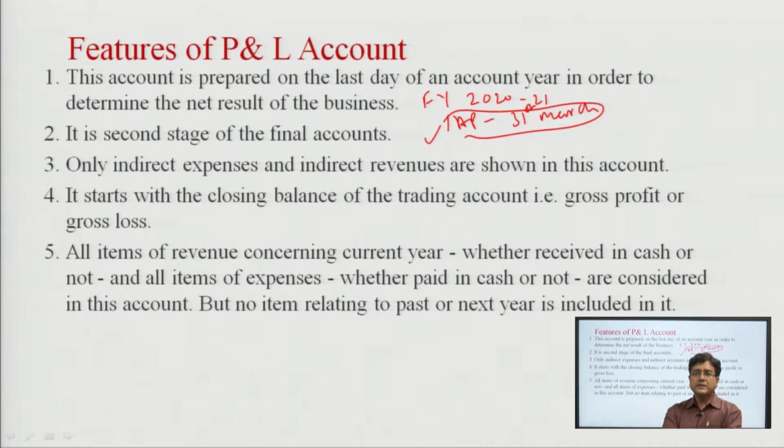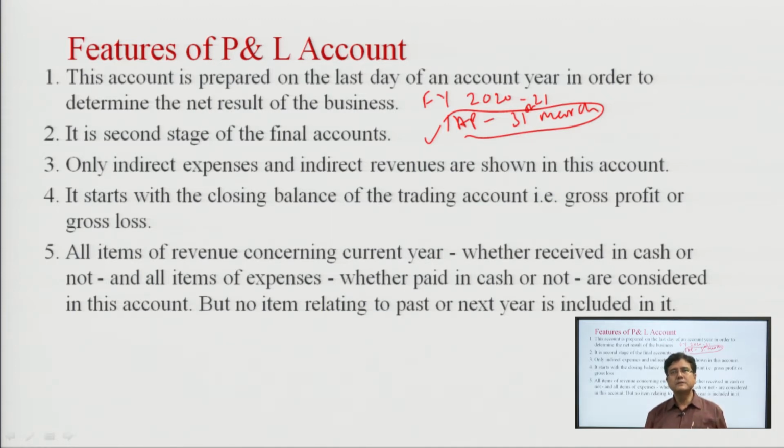It is the second stage of final accounts. The first stage was the trading account, and this is the second stage. Only indirect expenses and indirect revenue are shown in this account.